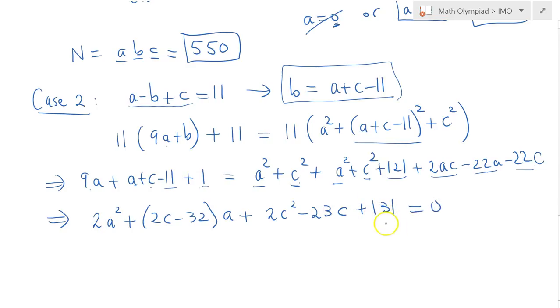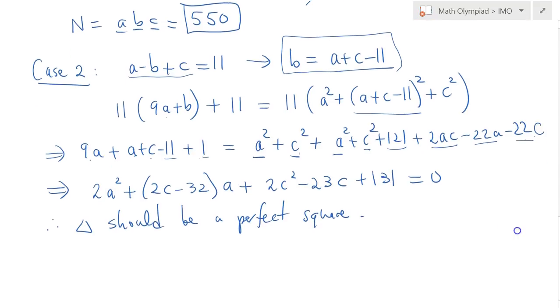Remember, this is a quadratic in A, so the roots, remember, are digits from 0 through 9. So therefore, the discriminant should be a perfect square. So let's do it.